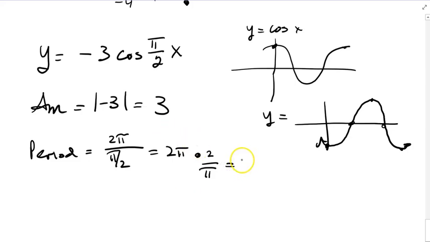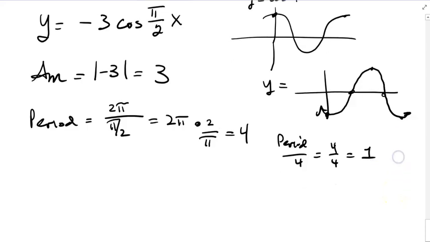All those pi's are going to cancel away, and that's going to give you a period of 4. To find our key points, remember, to get the distance between them, take your period and divide by 4. Well, 4 over 4 is simply 1. So there's a distance of 1 between each of those key points.